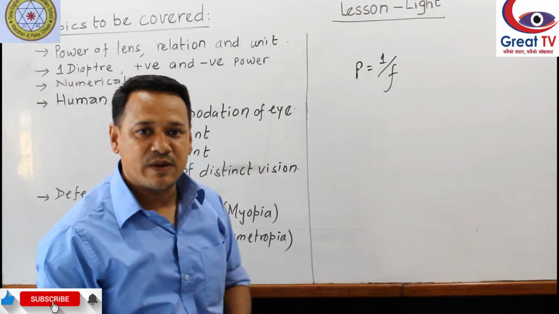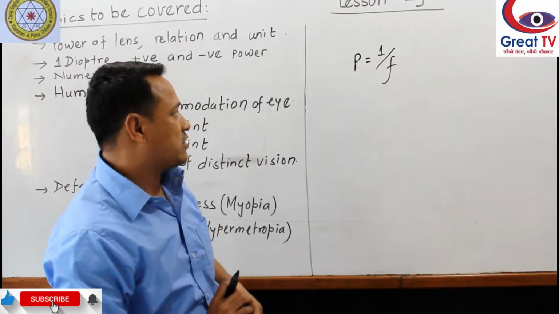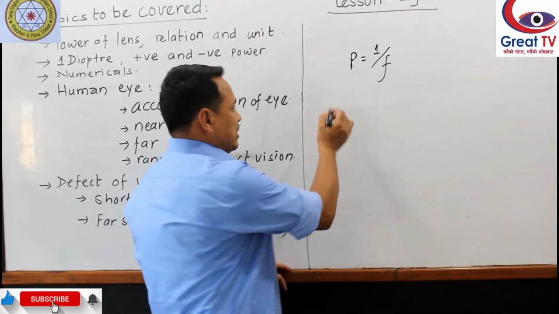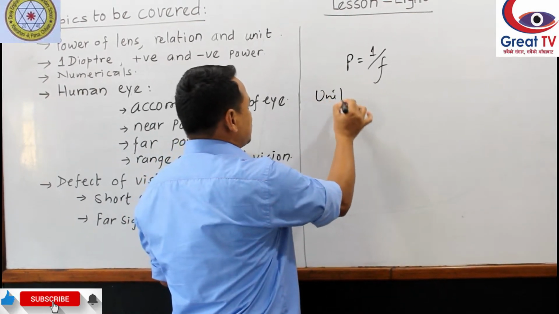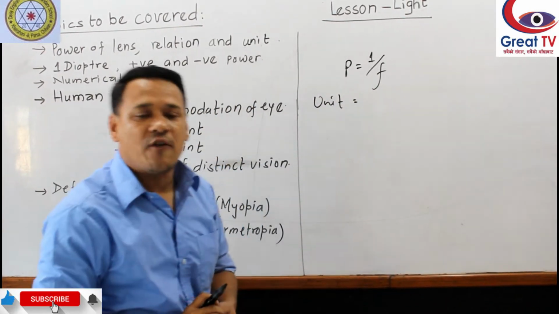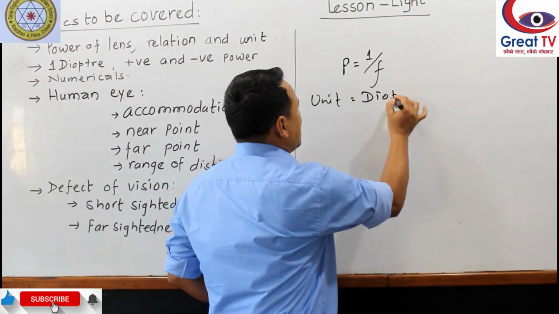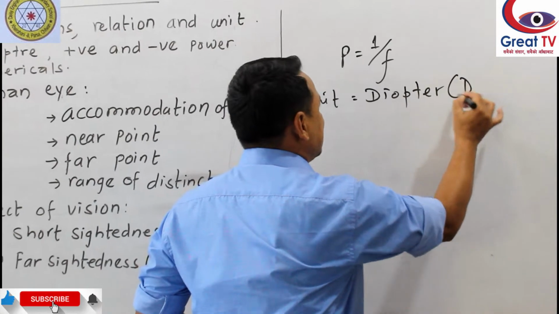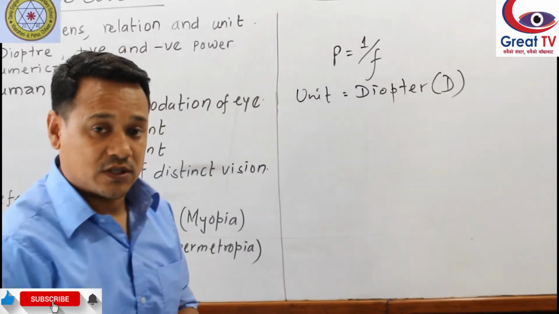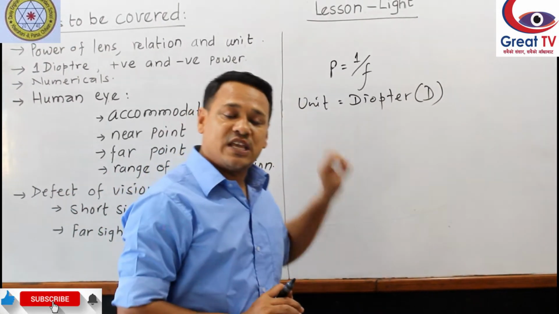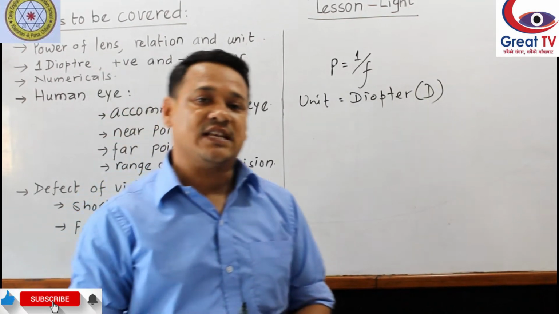Power of lens means the reciprocal of focal length of a lens, and the unit of power of lens is diopter, capital D. So the SI unit of power of lens is diopter.